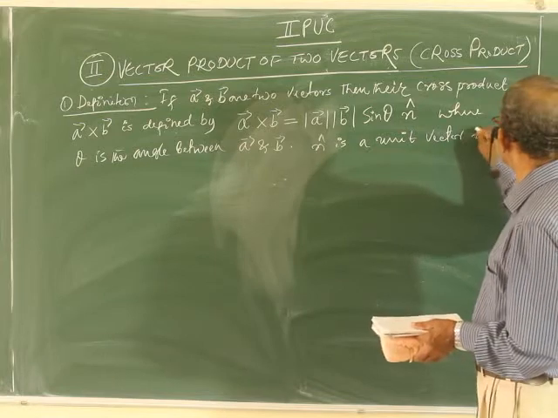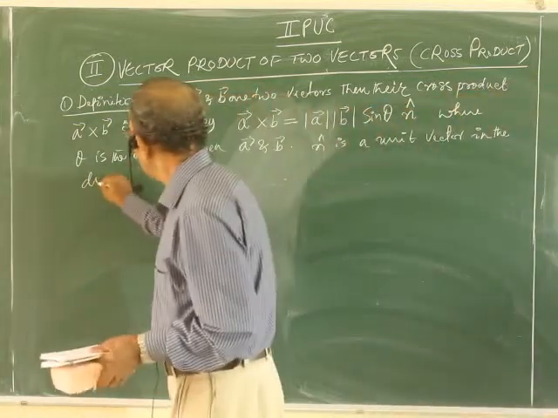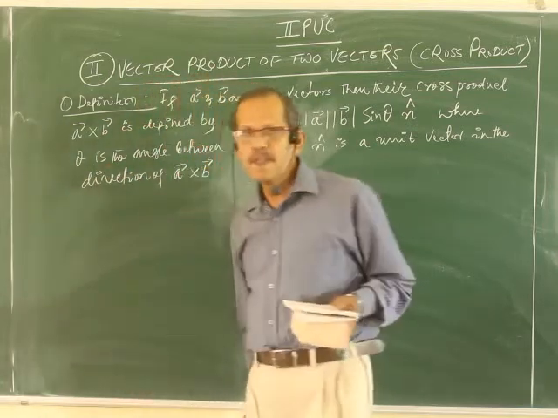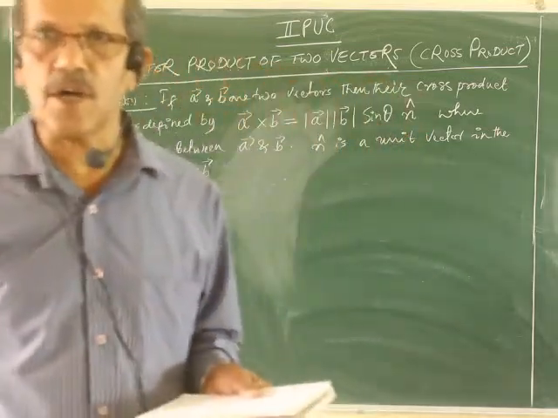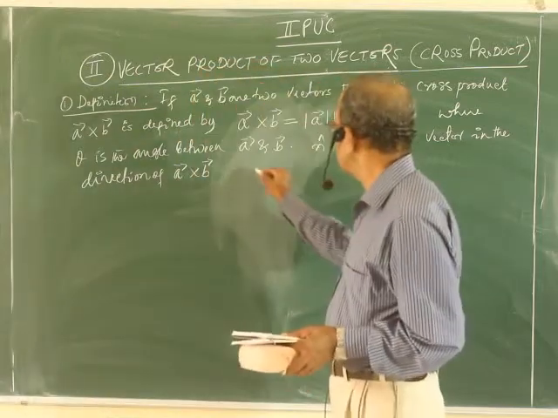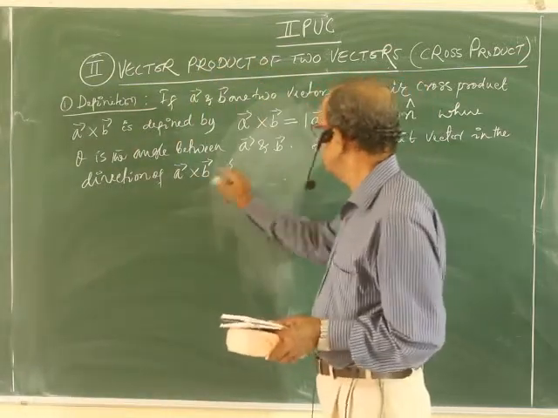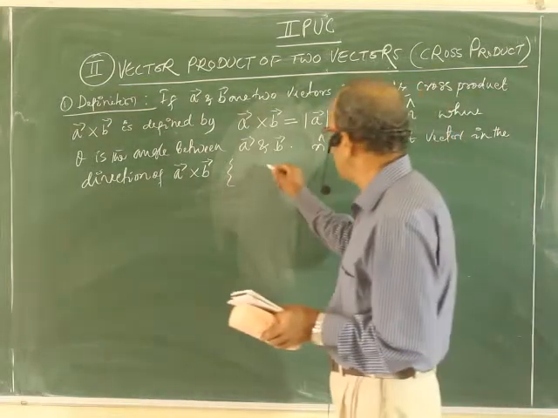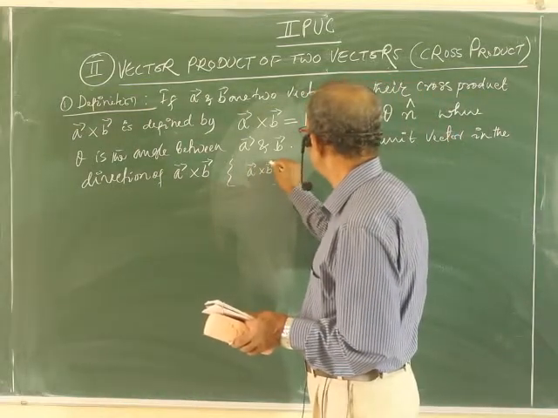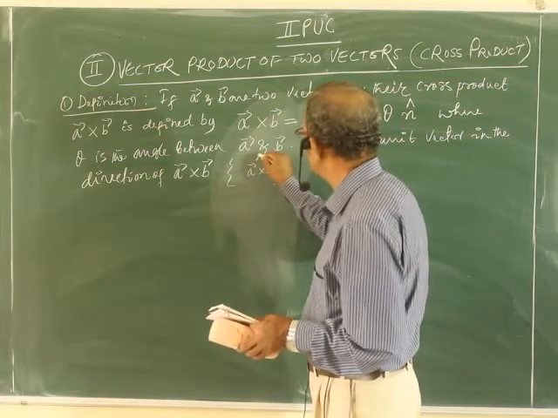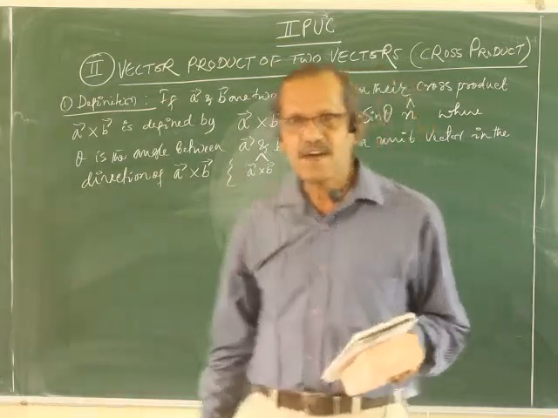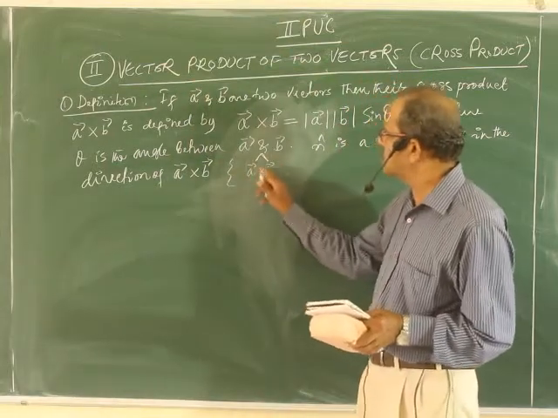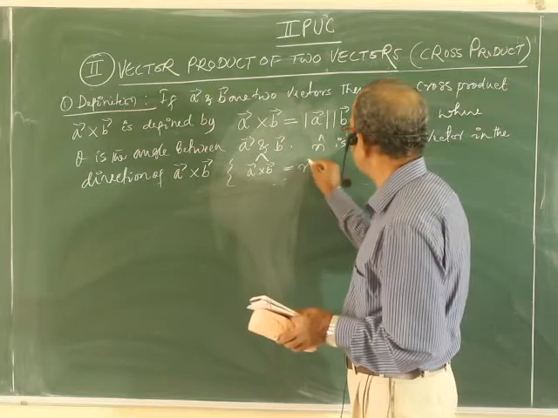N cap is the unit vector in the direction of A cross B. Instead of writing this, the unit vector in the direction of A cross B should actually be written with a cap over A cross B, but it is a little complicated, not nice to look at. So instead of that, I have taken n cap.